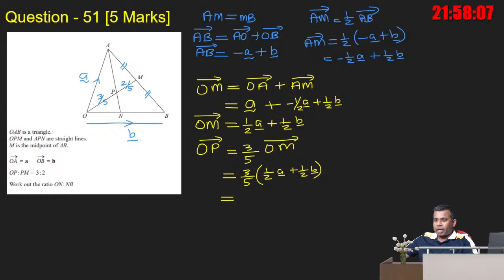So if I multiply, it is 3/10 of A plus 3/10 of B, right? So now the question is asking, what is the ratio of ON is to NB? ON is to NB, we don't know, right?